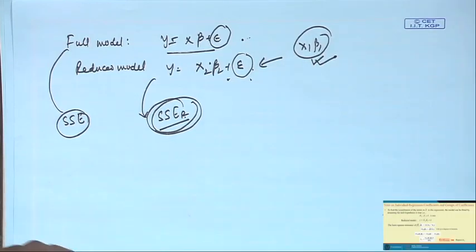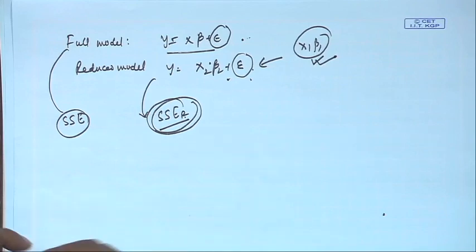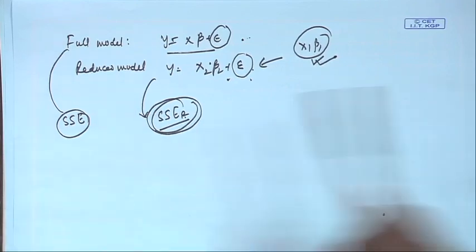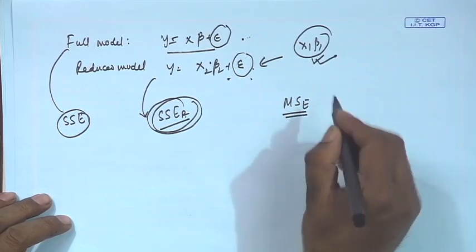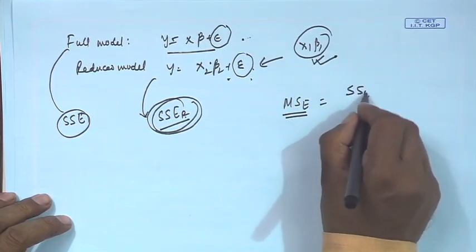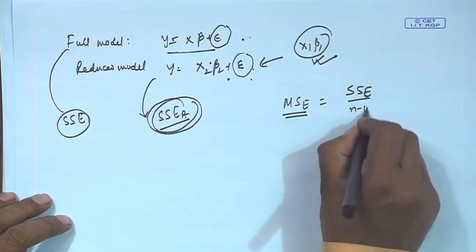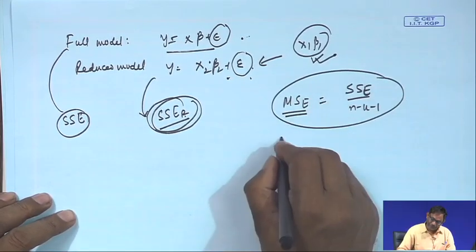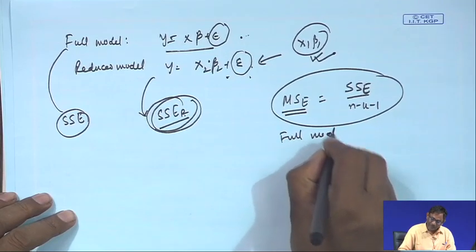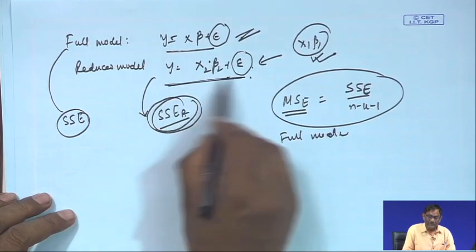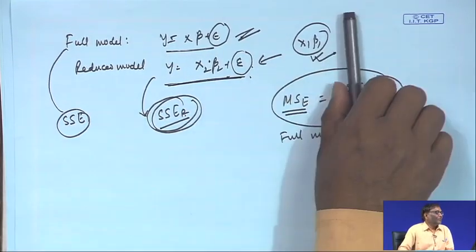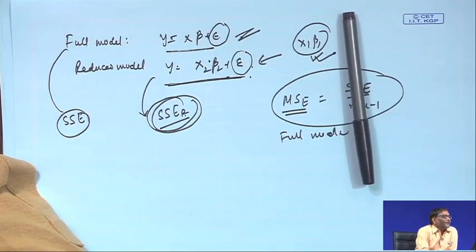So, what is being done here is, first we calculate MSE, the mean square error, which is nothing but SSE divided by n minus k minus 1, using the full model, that means the first model. Now, you use the second model, the reduced model, and what you get is beta 2 cap, x transpose x inverse x transpose y, here x2 is there only.